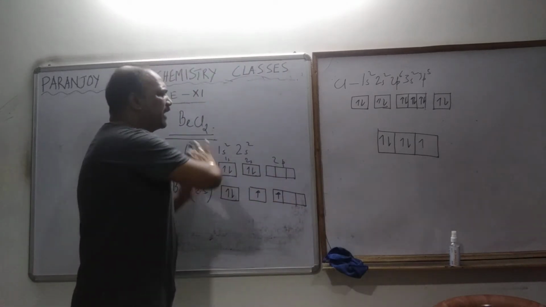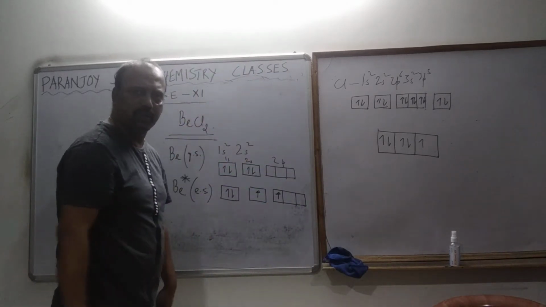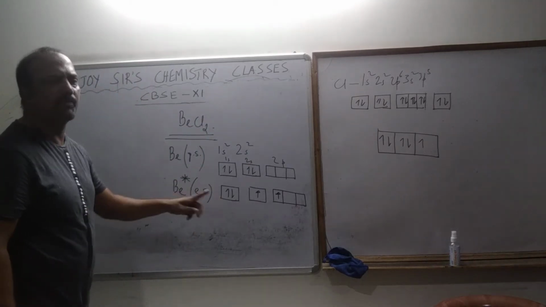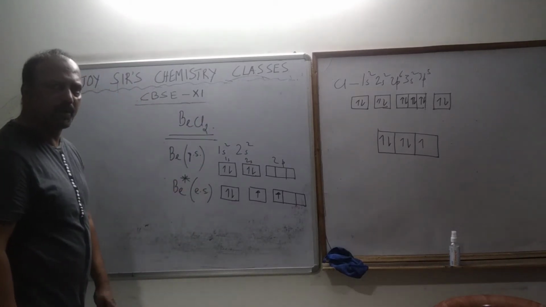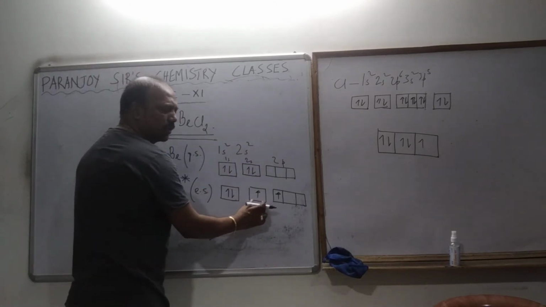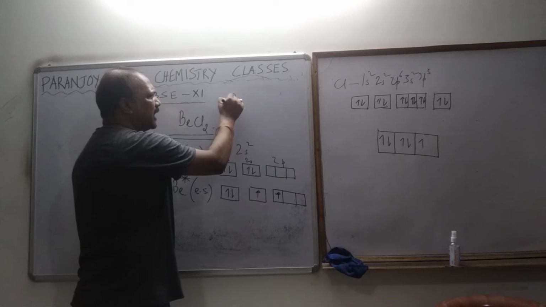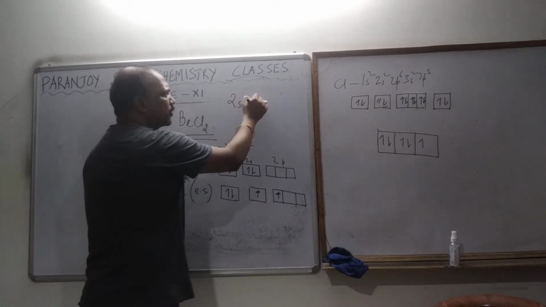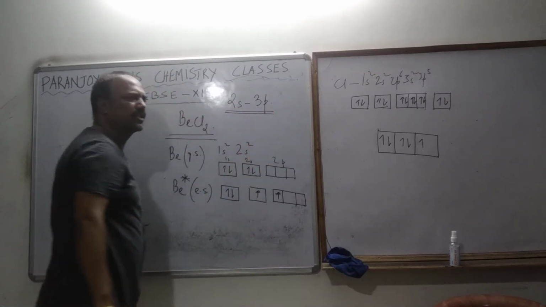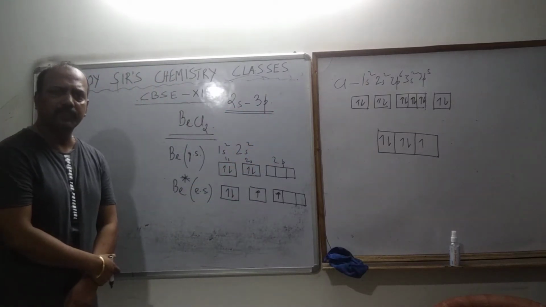Now if in this condition they form the bond, one bond will be formed between the 2s of beryllium and the 3p of chlorine, by overlapping.